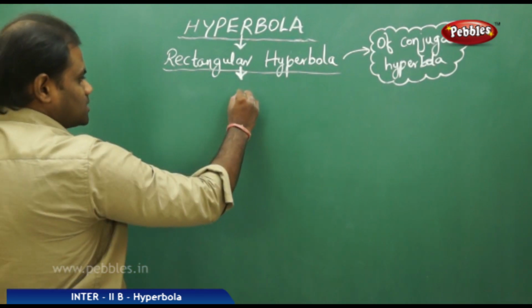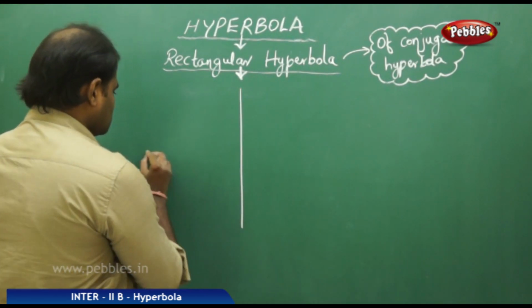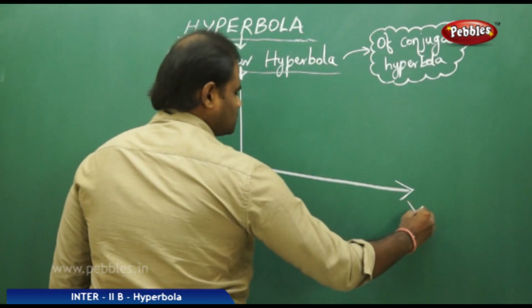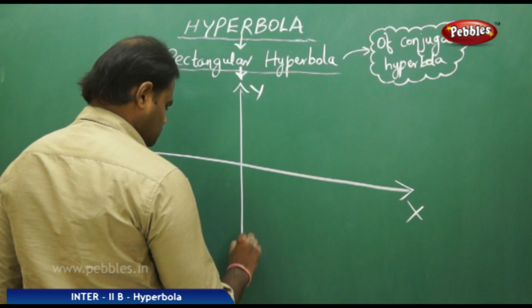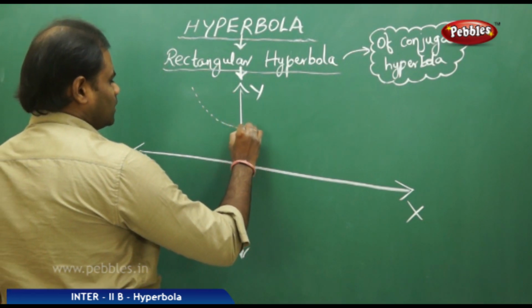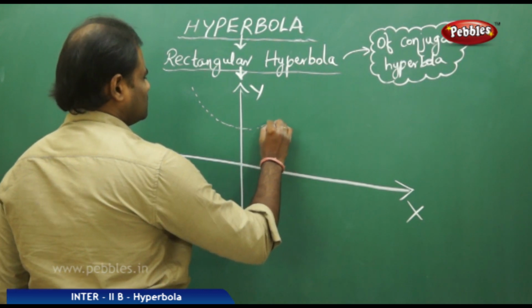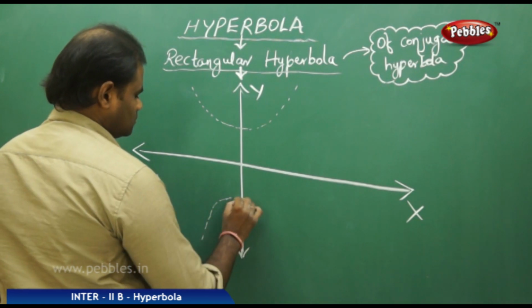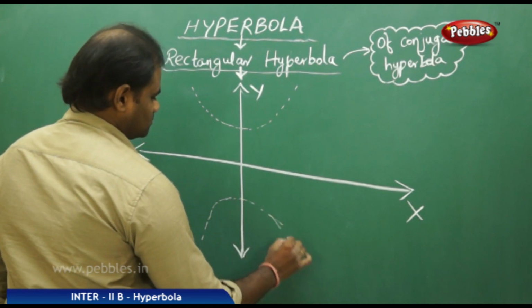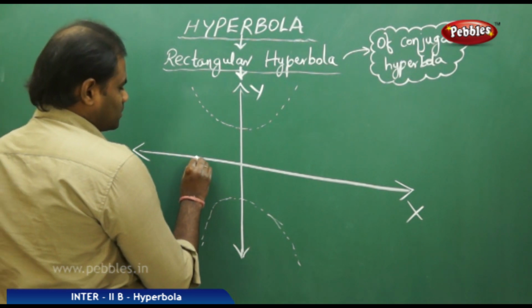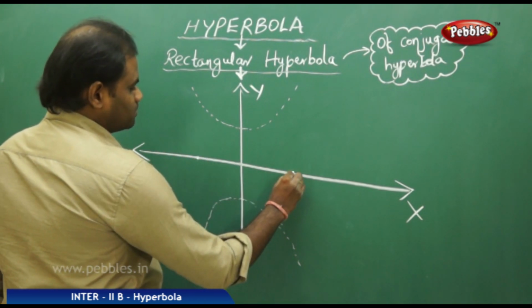As we have discussed about the conjugate hyperbola, with interchanging of transverse and conjugate axis, its rectangular hyperbola would be with a equal to b.